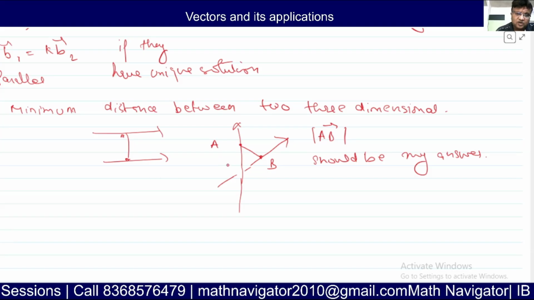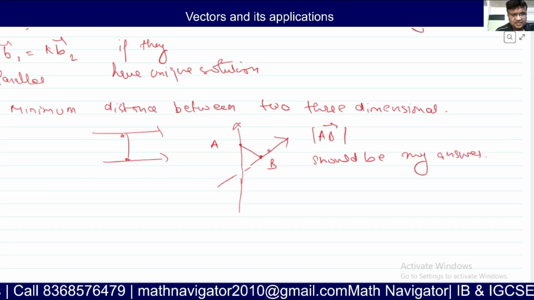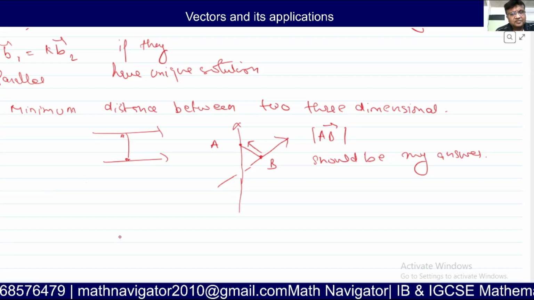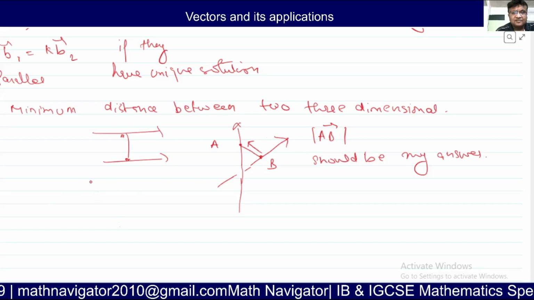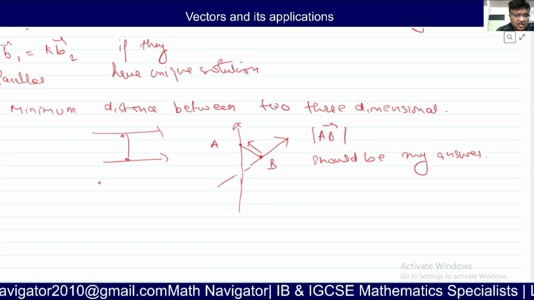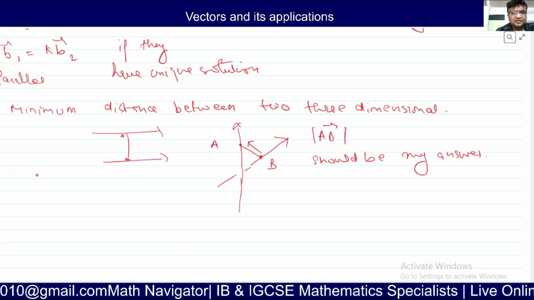So what I need to do here is make the equation of this line. Let's say this is my direction vector. How will I get this direction vector?